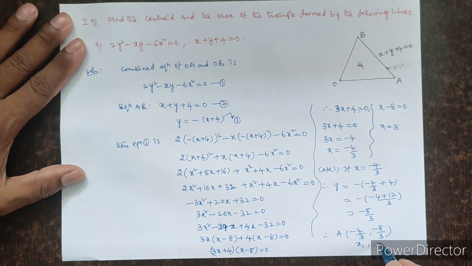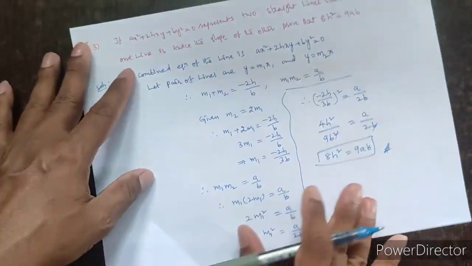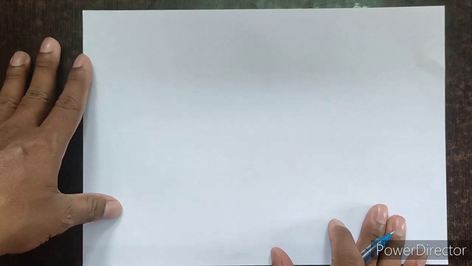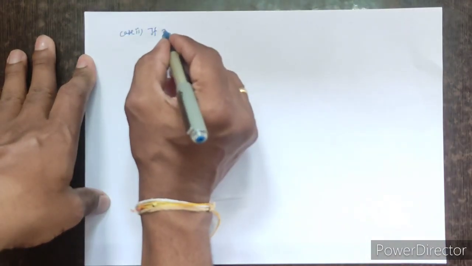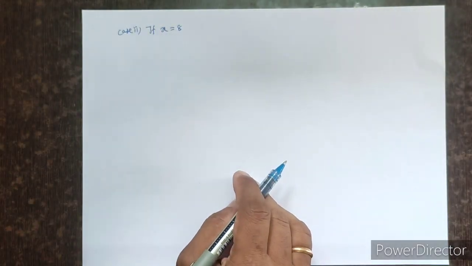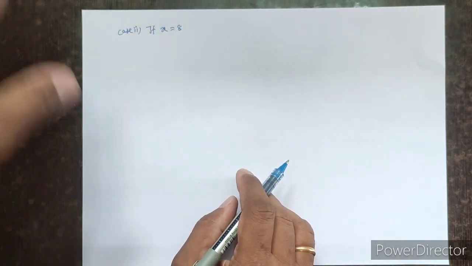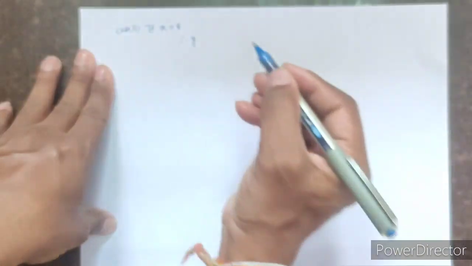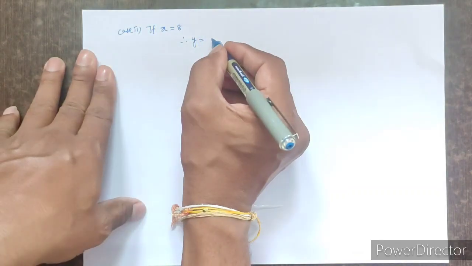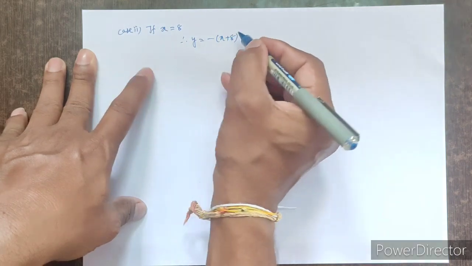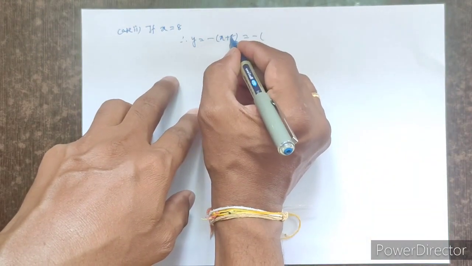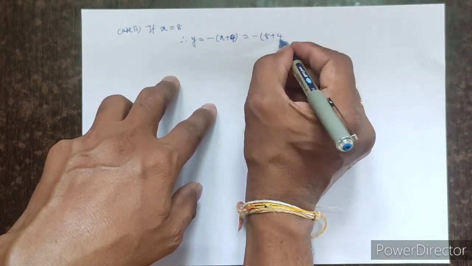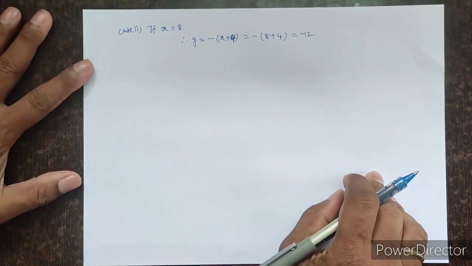Let this be x1, this be y1. Case 2: if x equal to 8, then what is y? y equal to minus of (x plus 4), minus of (8 plus 4), that is nothing but minus 12.